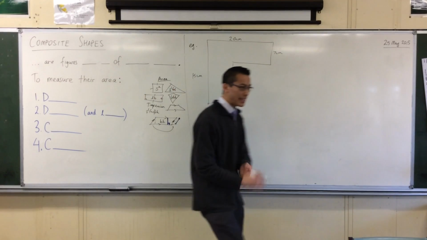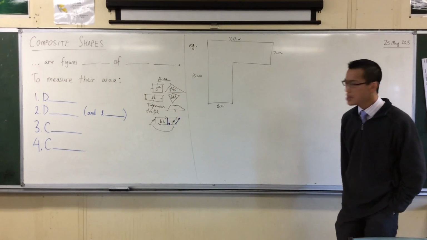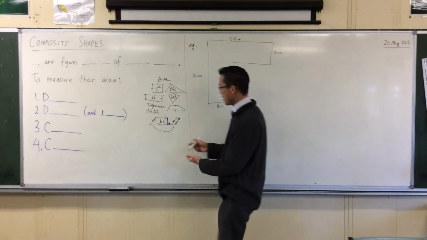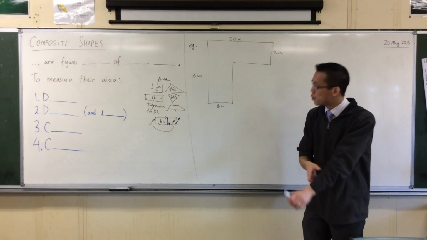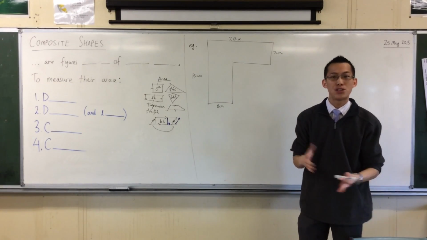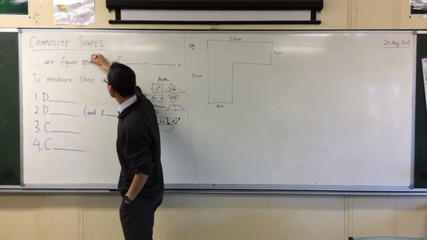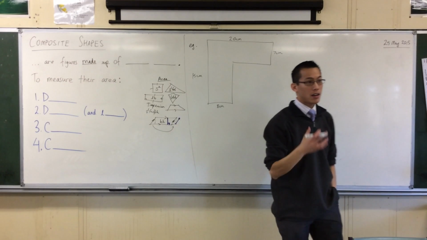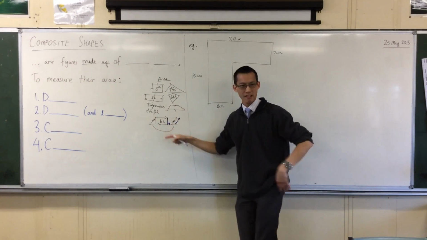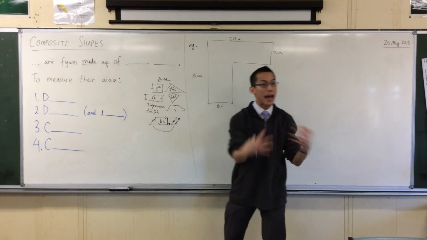So that idea leads us right into this heading, which is composite shapes. Please make that heading if you haven't already. This idea of taking a shape and considering it as little parts put together. That's what composite shapes are. Composite shapes are figures that are made up of other shapes. Just like this parallelogram, you can say, oh, it's like a triangle here and other bits, and they're all added together.